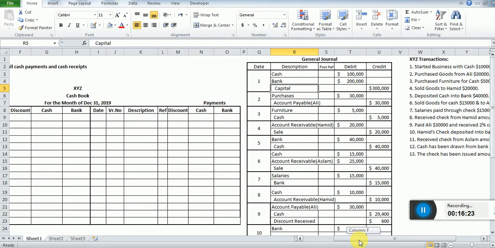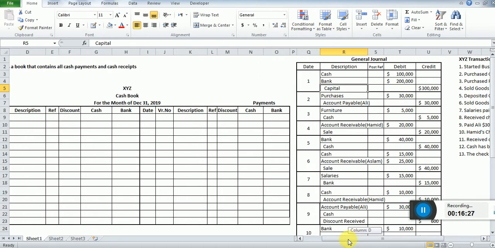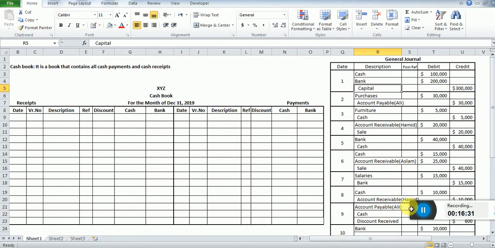So I have just recorded here in the general journal, and now I'm telling you how you can post all these values into the cash book. So dear students, look here, as the cash in bank account is debited, you have to move it into the debit side here, and the reason is capital.